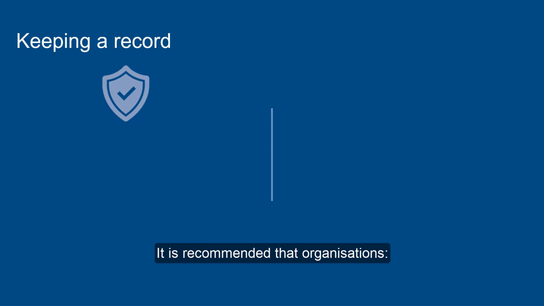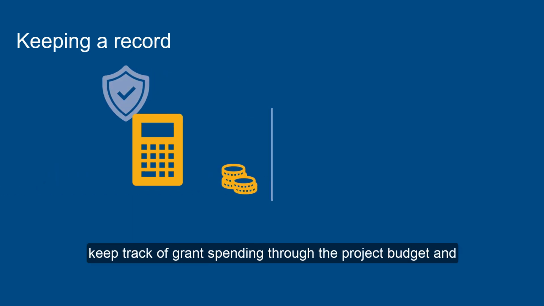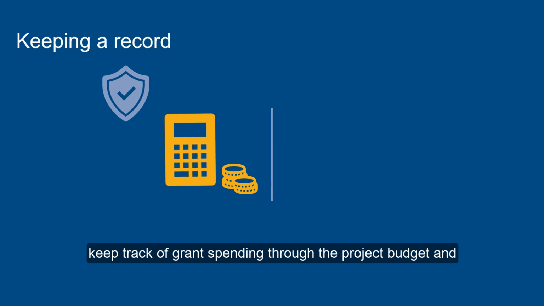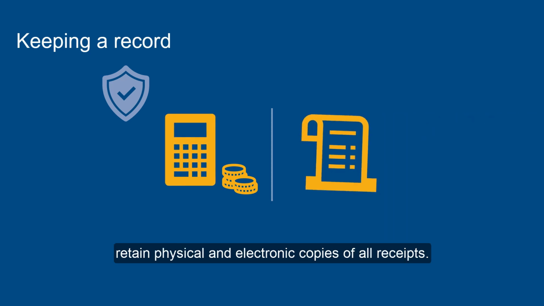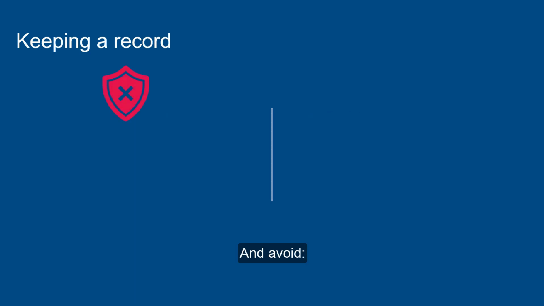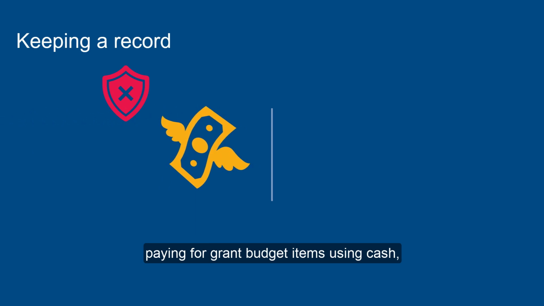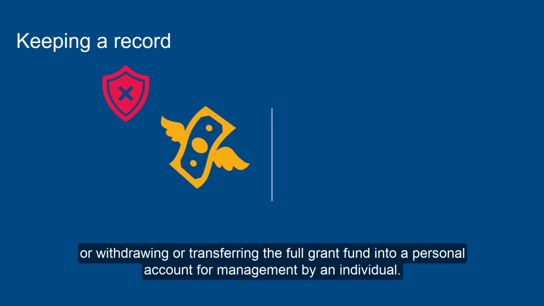It is recommended that organizations keep track of grant spending through the project budget and retain physical and electronic copies of all receipts. And avoid paying for grant budget items using cash or withdrawing or transferring the full grant fund into a personal account for management by an individual.